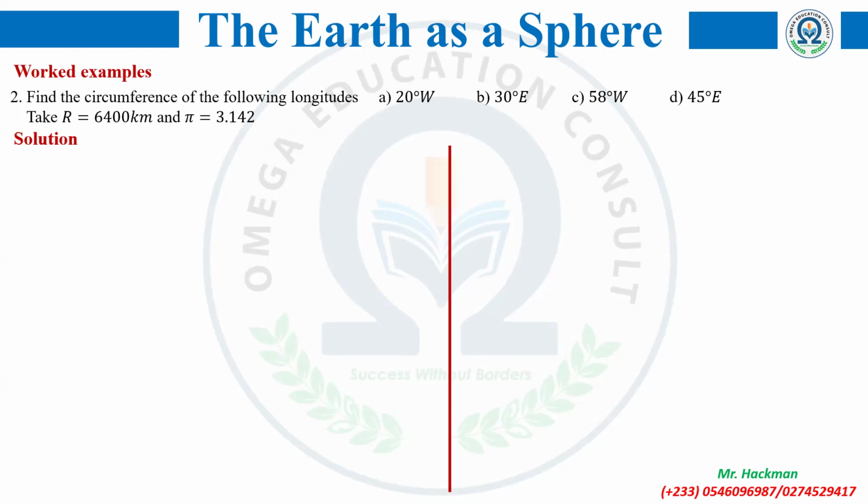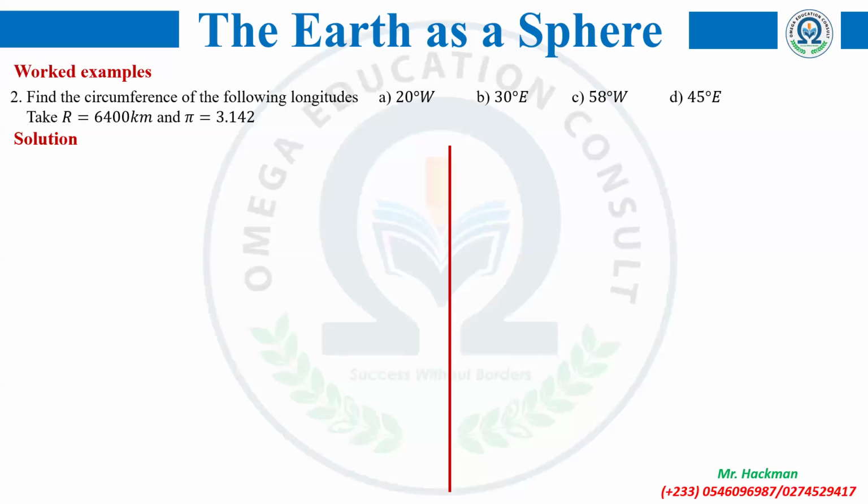Yes. Okay, so here what do we have? Find the circumference of the following longitude. Once you are dealing with longitude, what type of circle are you dealing with? Great or small? Longitude.